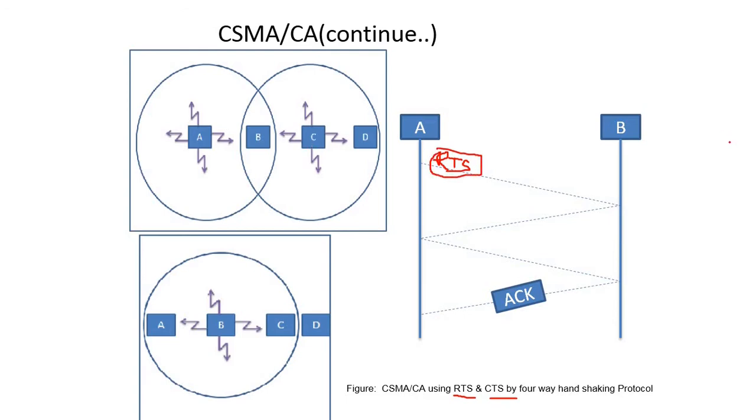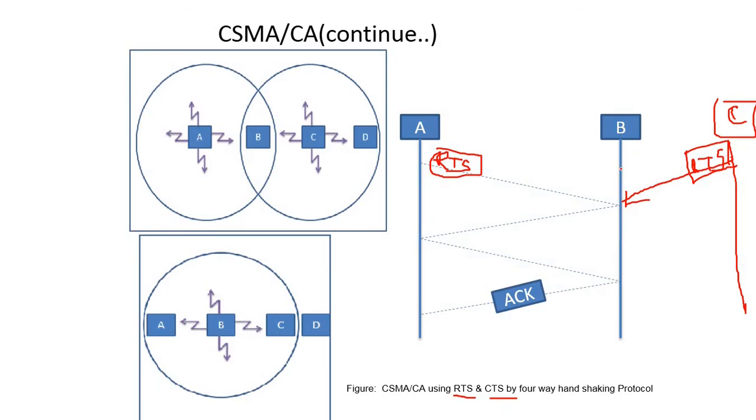Same thing, C is another station here. C will also send an RTS to B, request to send. So B will receive two requests, one from A and one from C.